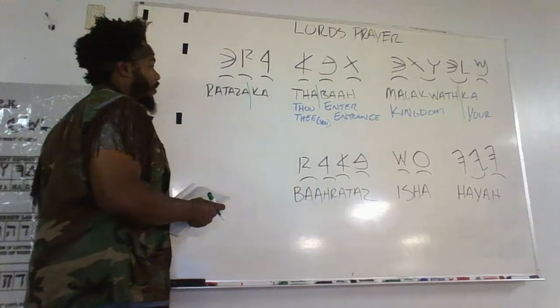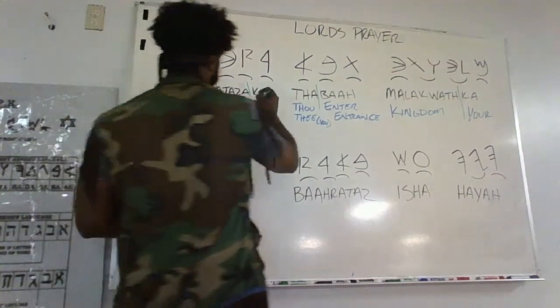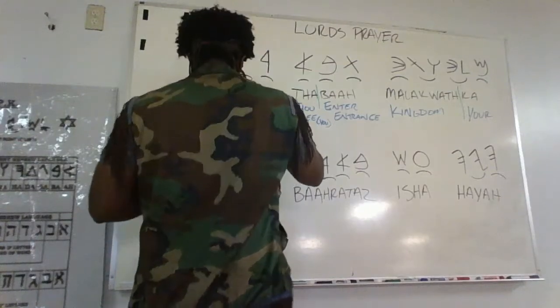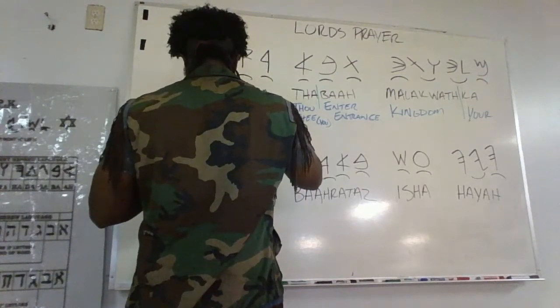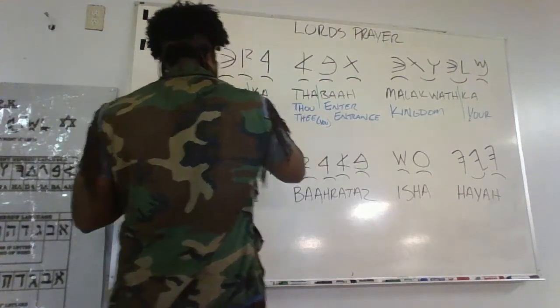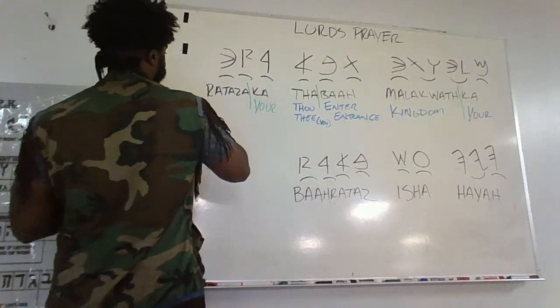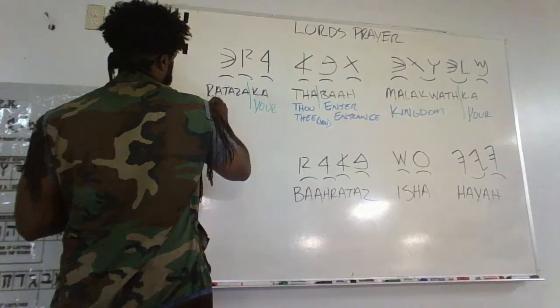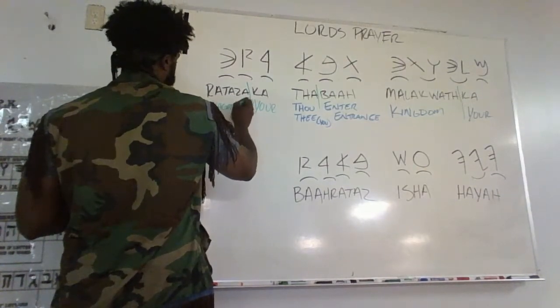Okay, what does ka mean? Your. All right. Ratzaza, the root word, means fragment.